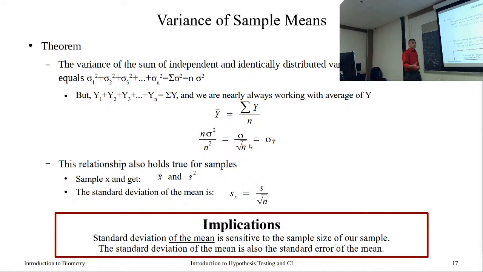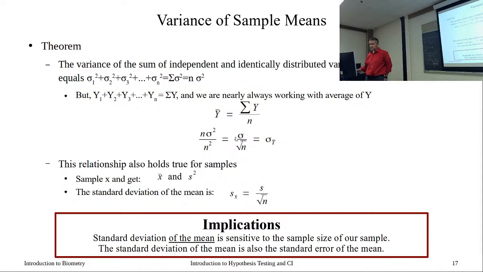So for the means, we take our samples, the collection of the samples approximates a normal distribution, but that normal distribution is going to have the mean, but its standard deviation isn't a regular standard deviation. It actually represents a standard error. And this also holds true for samples. So if we're going to try to approximate population standard deviation and population mean, we have to recognize that our sample is just one single sample.